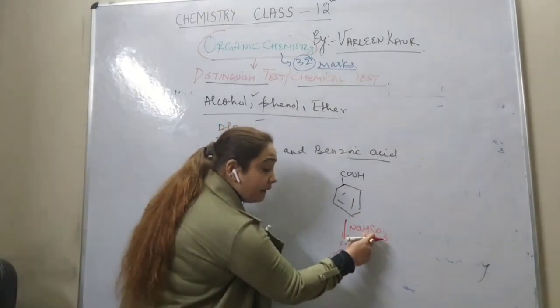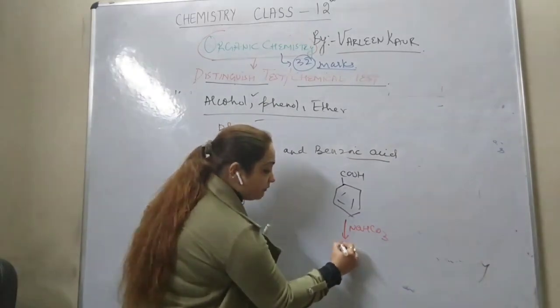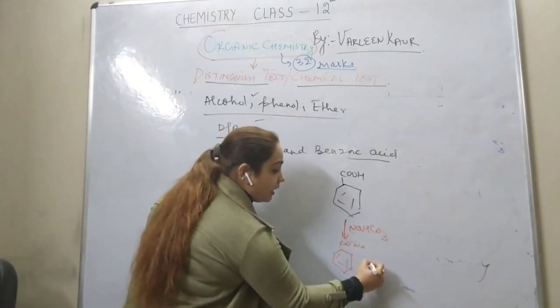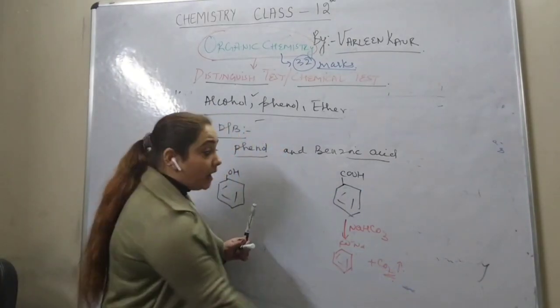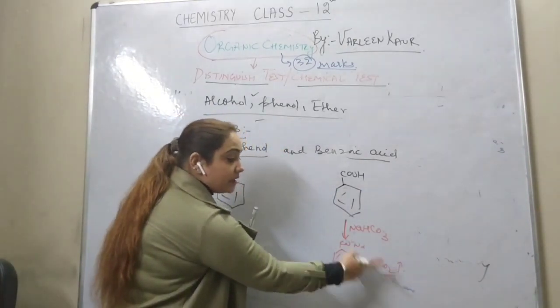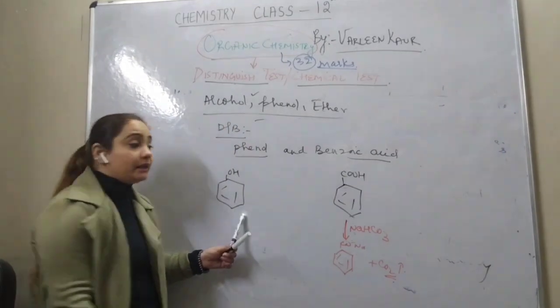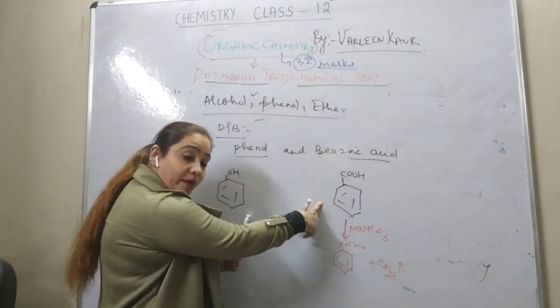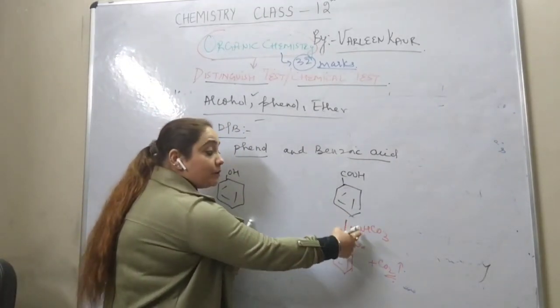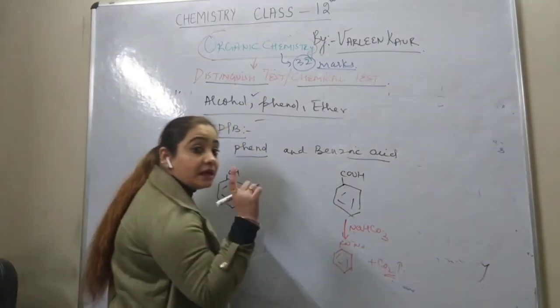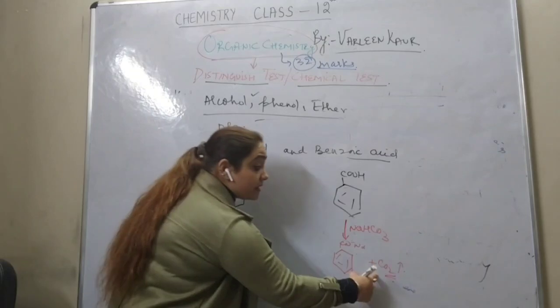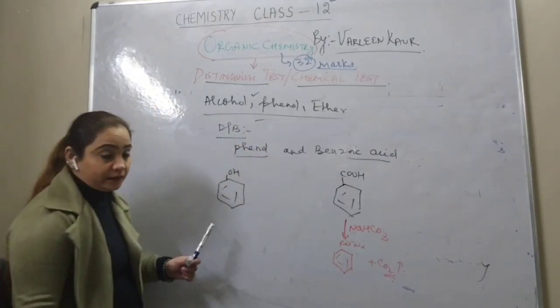That means here I am going to have a brisk effervescence of CO2 gas. यहाँ क्या मिलेगा? Brisk effervescence आ जाएंगे किसके? Carbon dioxide के. Whenever I take benzoic acid in a test tube and apply sodium bicarbonate in it, what happened? The main thing is you have to write the brisk effervescence of carbon dioxide.